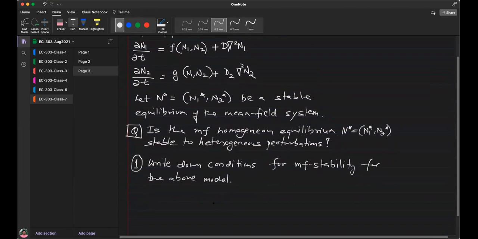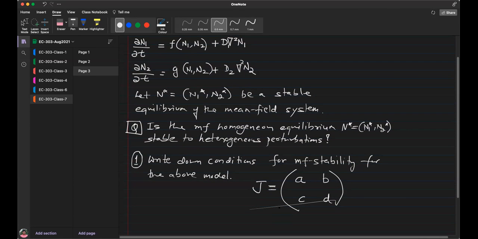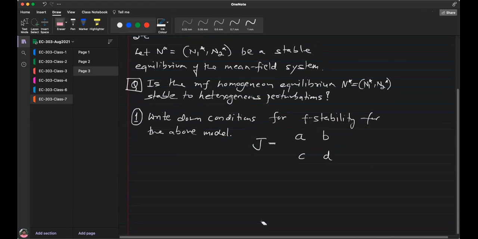So let us define the Jacobian. The Jacobian can be defined in the following way: A, B, C, D, where A and B are all corresponding derivatives.